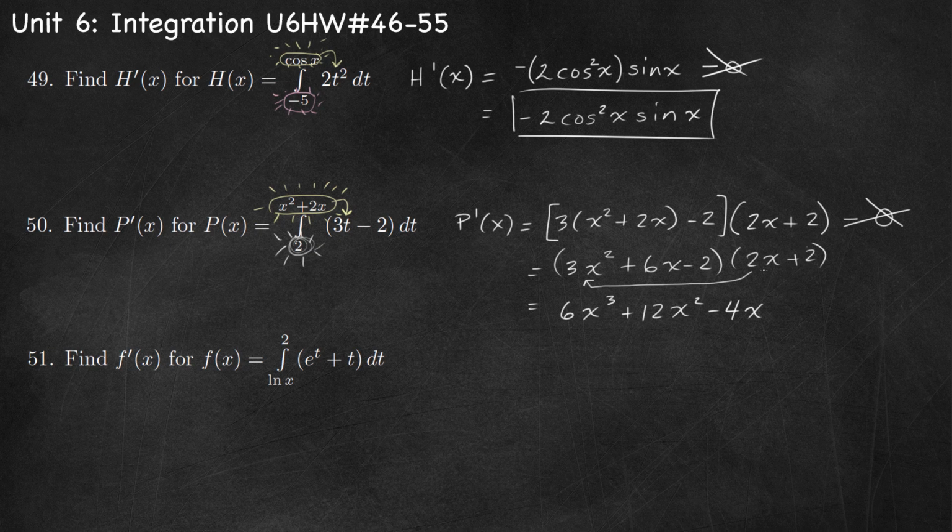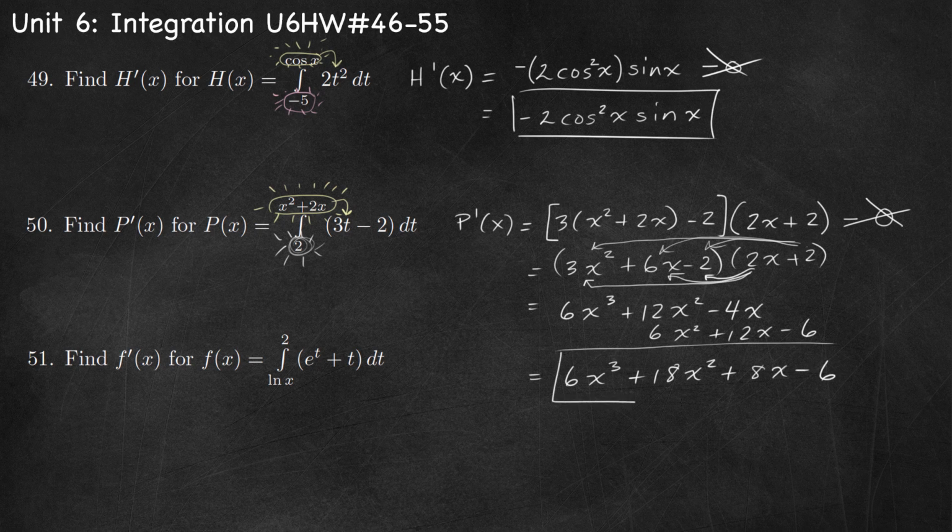And then I'm going to distribute the 2 here, here, here. So I get 6x squared and then plus 12x and minus 4, because 2 times negative 2 is negative 4. And then I combine all of the like terms and I get 6x cubed plus 18x squared plus 8x minus 4.